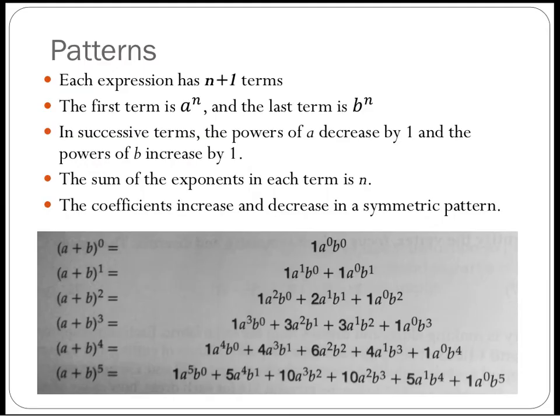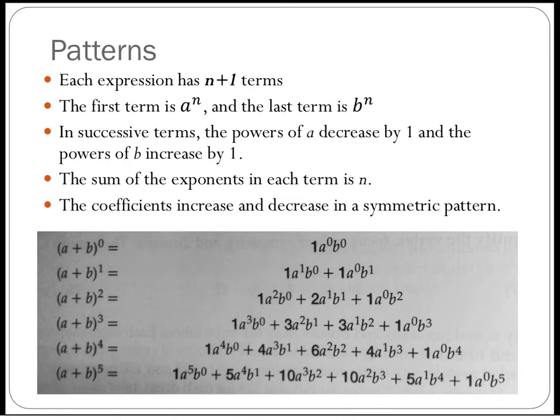So let's move on. And so here are the patterns. So I would go ahead and write this down, and I'll kind of point at it with a highlighter or a pointer, if you will. And so the first thing we have is each expression has n plus 1 terms.